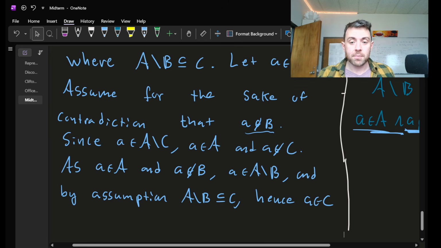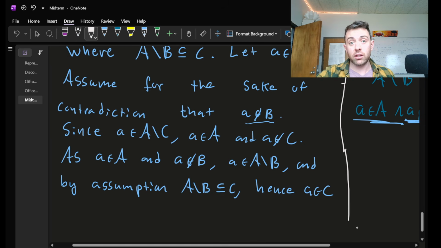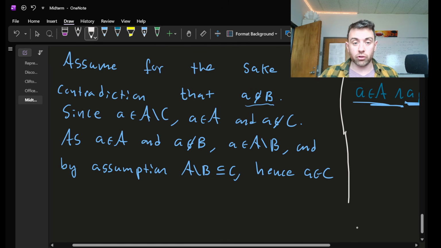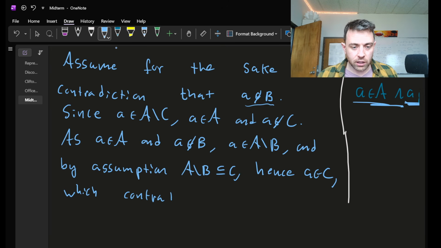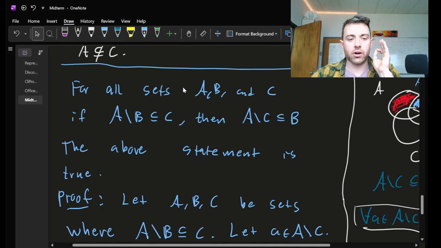Wait a second. I just realized somewhere along the way that we were able to argue that A is not in C, but we just reached a conclusion that says A is in C. That's a contradiction, and that's exactly what we were looking for. So I might say, comma, which contradicts. Now notice in the previous proof, I said it contradicted one of our assumptions.